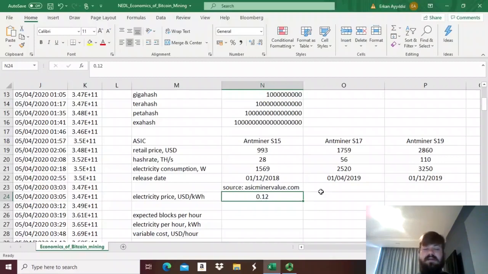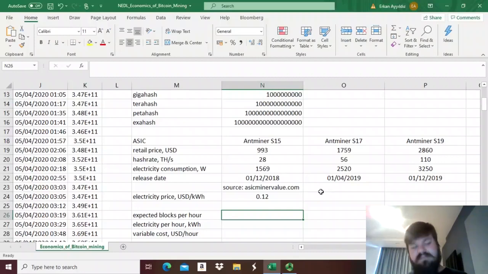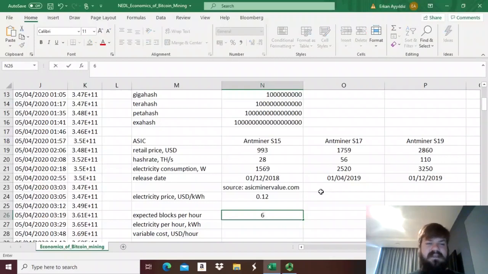So, to estimate our variable costs and our expected payoffs, we need to first know how many blocks are expected to arrive on the blockchain within an hour. That's easy to answer. For all three blockchains, the ultimate long-term target is 10 minutes per block. So we would expect 6 blocks an hour to arrive at each of those three blockchains.